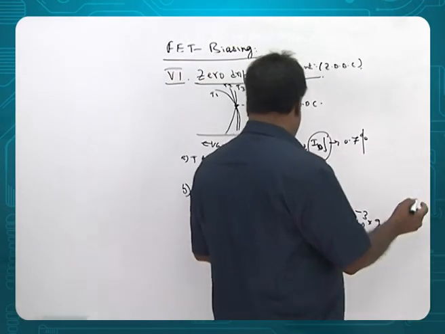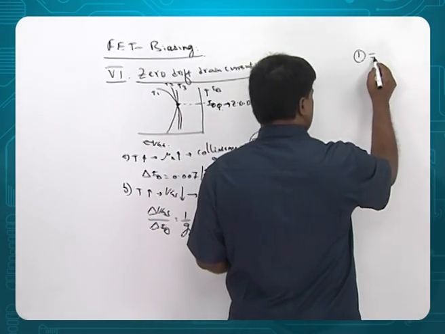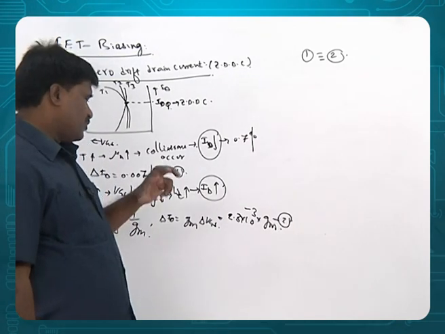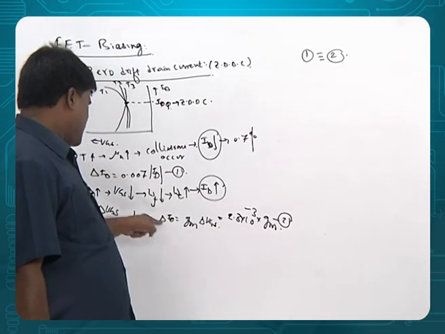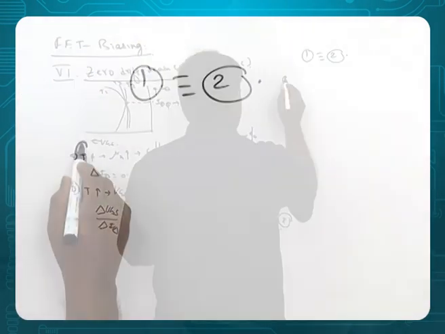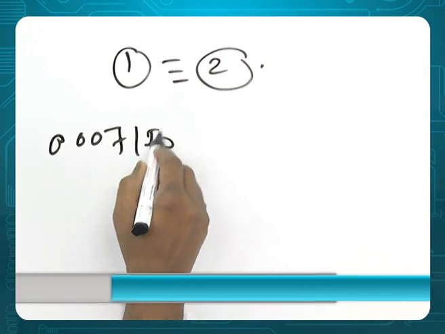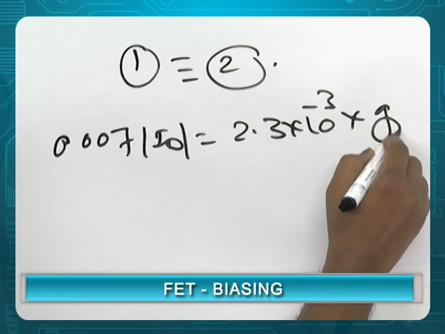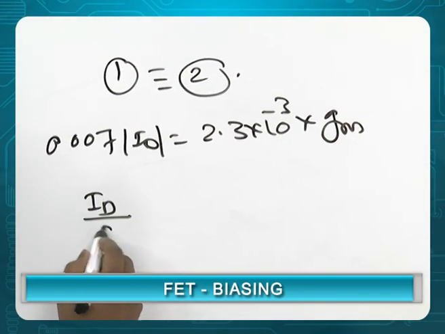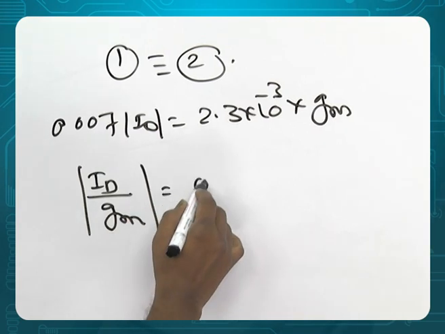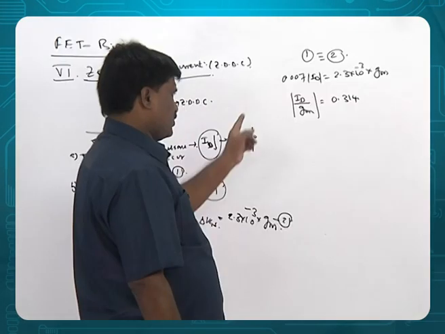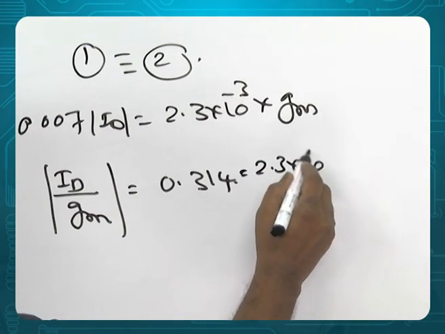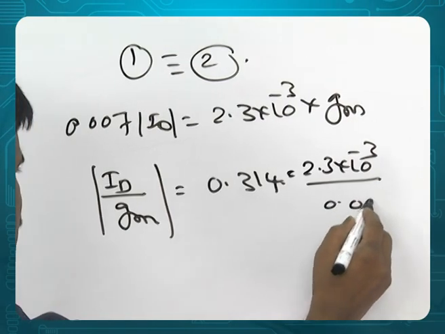Equate them, so 1 is equal to 2, because both are the same change in ID. So 0.007 ID is equal to 2.3 into 10 power minus 3 into GM. ID by GM is 0.314, that is nothing but 2.3 into 10 power minus 3 by 0.007.